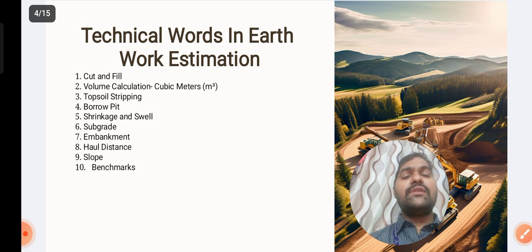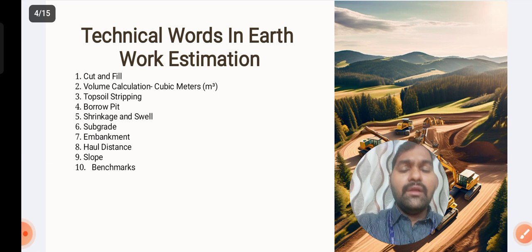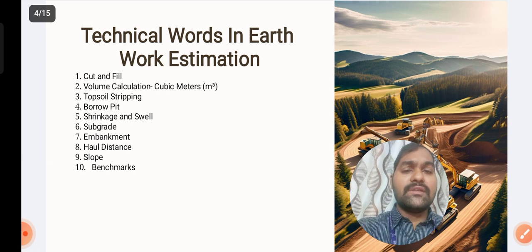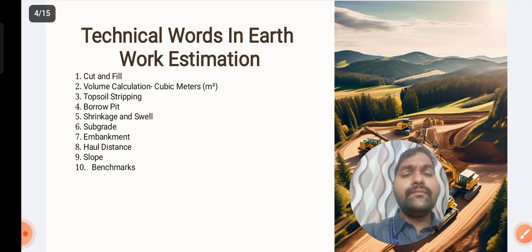And next one is the subgrade. Already we discussed that there is a cross section of the pavement. In the cross section of the pavement, the first one starts with the subgrade. I want to tell one more thing here. The subgrade thickness is not going to be given by anyone. That means the designs, where the pavements are constructed, use the IRC codal provisions.